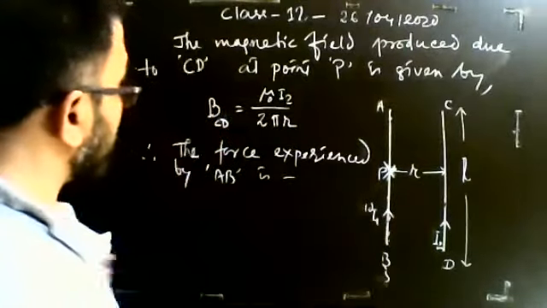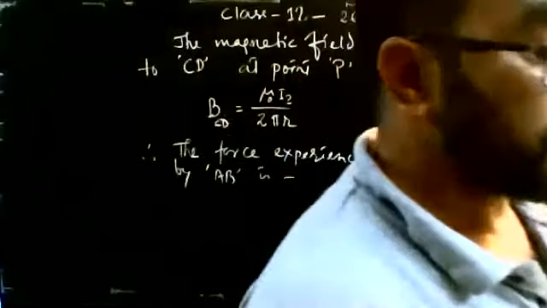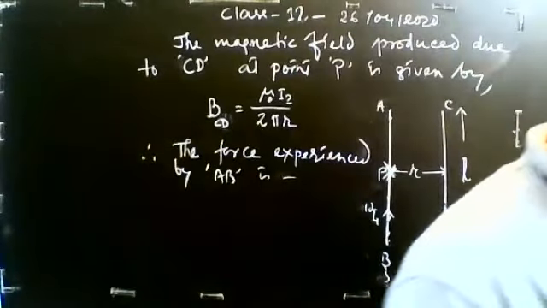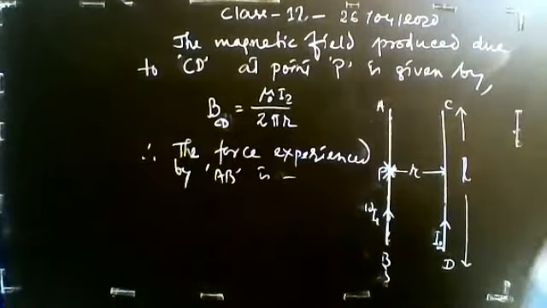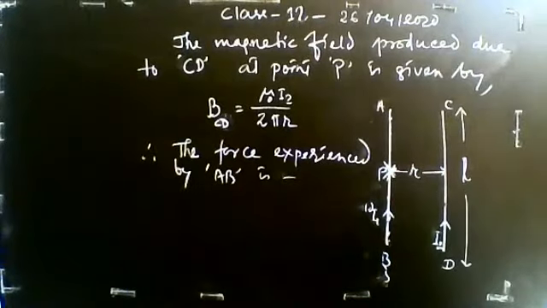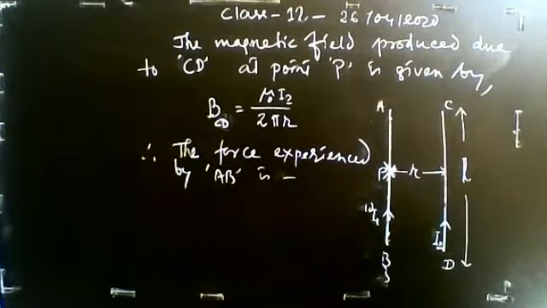Already we have one formula that the force experienced by a current carrying conductor is given by I L cross B. Okay, it's I L cross B is the force, already we have calculated.